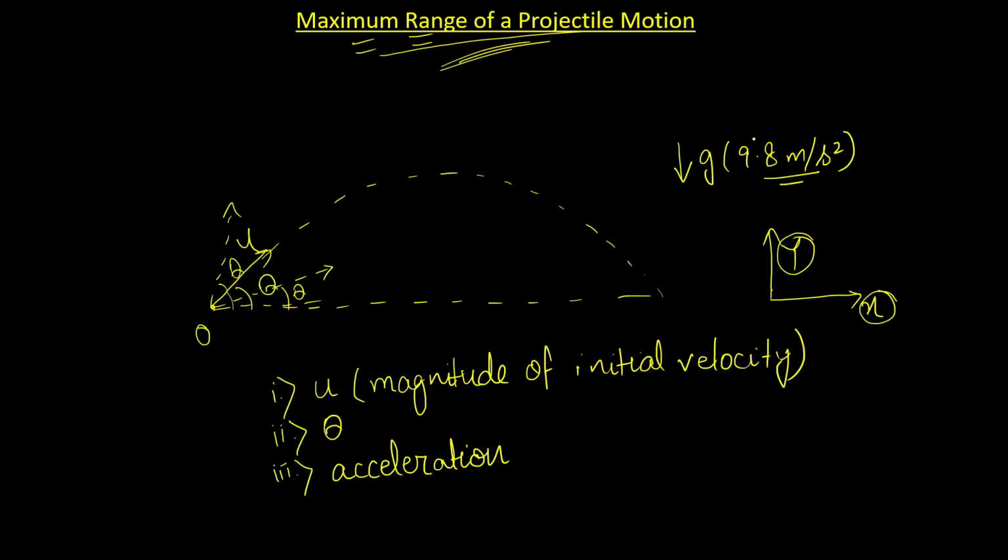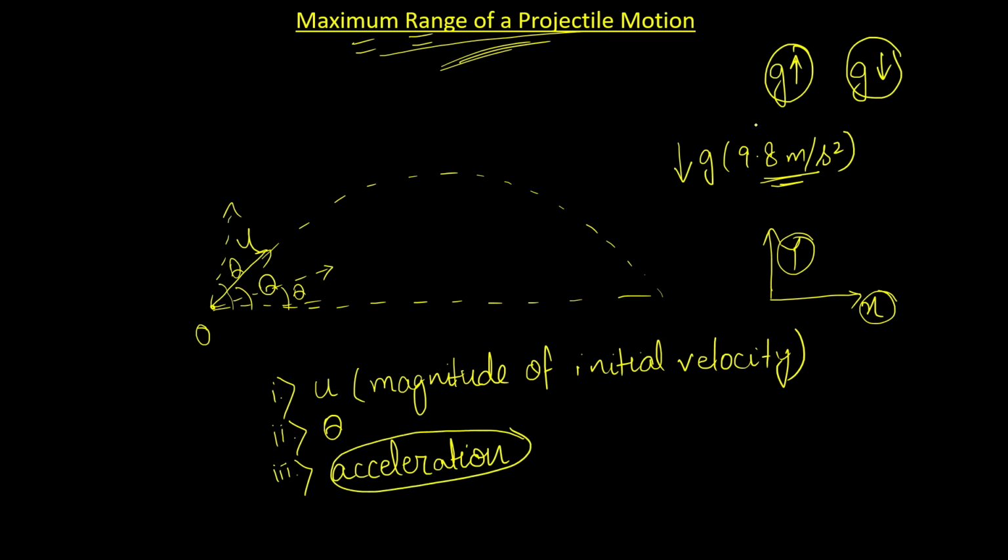Well, if g is more, then obviously the earth will attract the projectile with more force than the previous 9.8 meters per second square, and that's why the projectile will hit the earth's surface sooner, so the range will be less. But in case of g lesser than 9.8 meters per second square, the range will be more, because in that case the earth is not going to attract the projectile with as much force as before. But obviously this is not the whole picture.